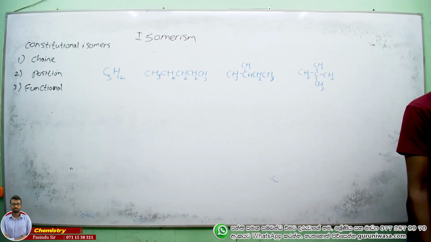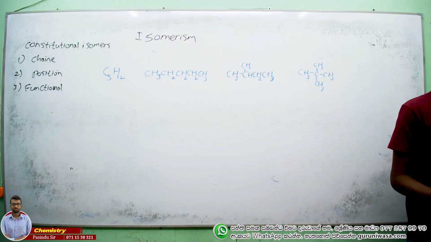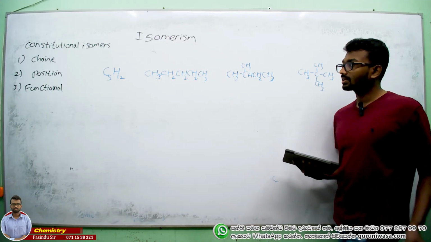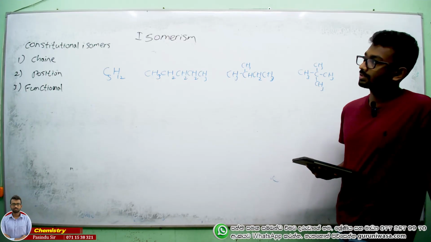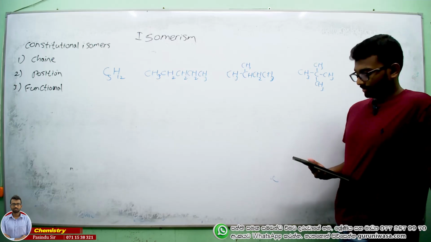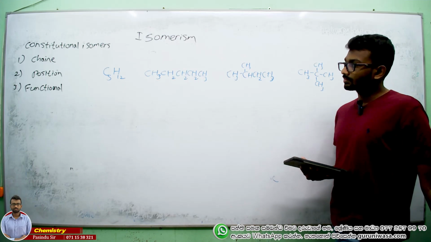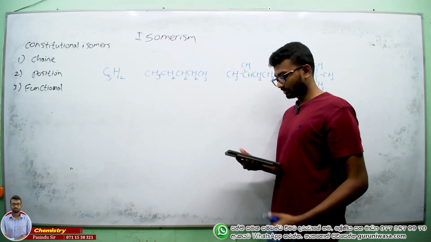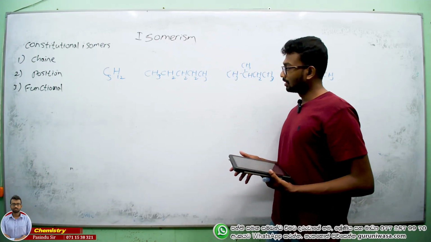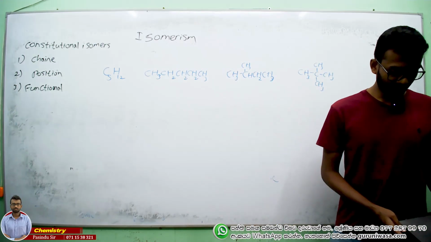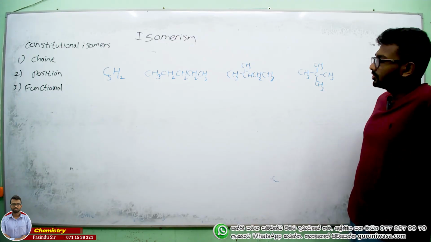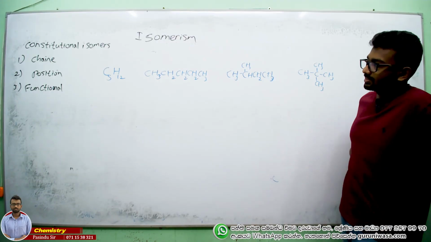Right, then write down the first type, chain isomers. Just write the first one, chain isomers. Here this kind of arrangement is called chain isomers.